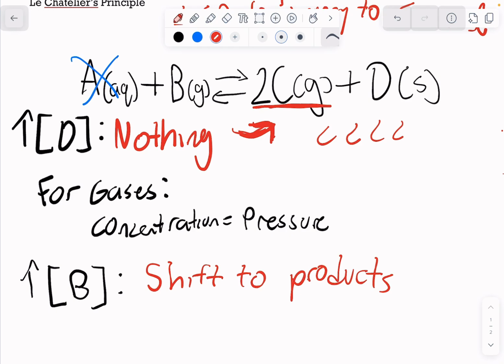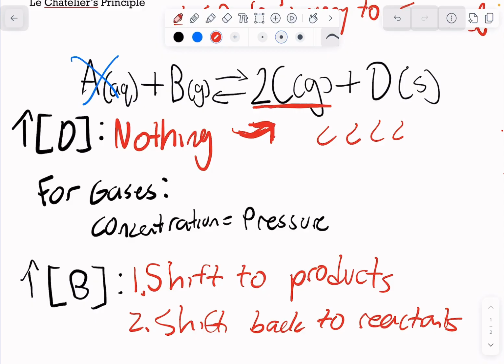And since the pressure is increasing like crazy, what does Le Chatelier's principle do? What does the system do? Now the system will shift back to reactants.